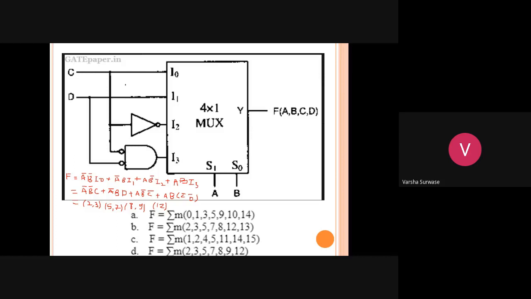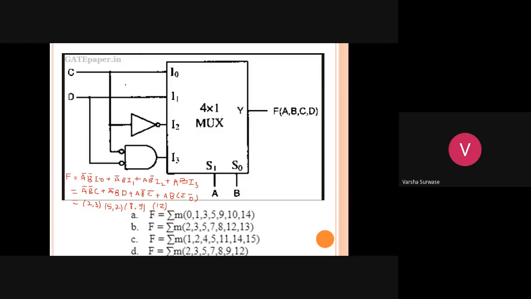I2 input is nothing but the input C, which is inverted, so you get A B bar C bar, plus AB into I3. For I3, the inputs are C and D. Here an inverter is used, so at the output you will get the inverted output, so it is C bar into D bar. So this is the equation you will get.